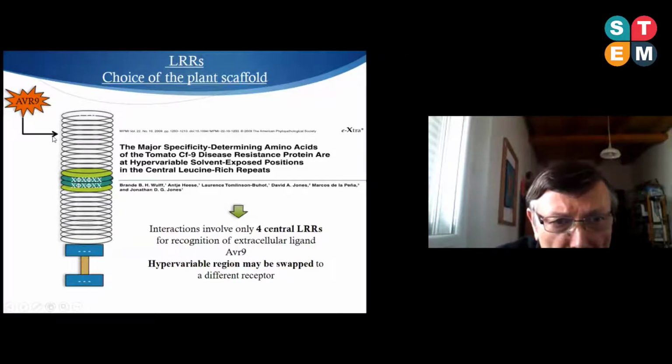And this recognition of the effector is given by a localized hypervariable region in the 4 central leucine-rich repeats.